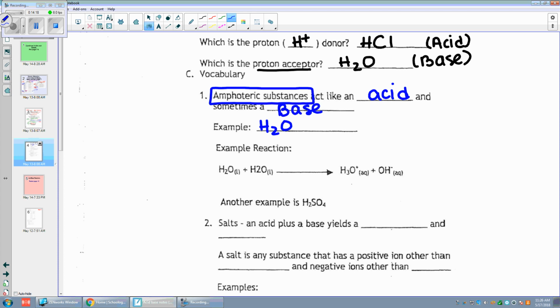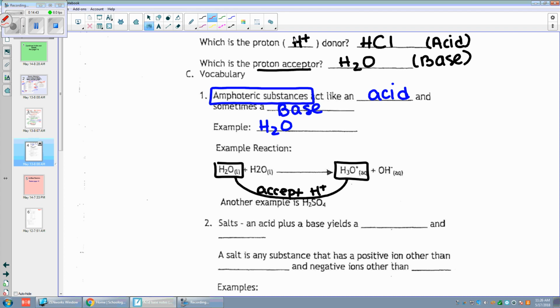If I'm looking at this example, I'm just going to pick one of my waters. I'll pick here. So if I say this water turned into this, well then, if I look and I compare, this looks like it has an extra, so this would accept an H plus.